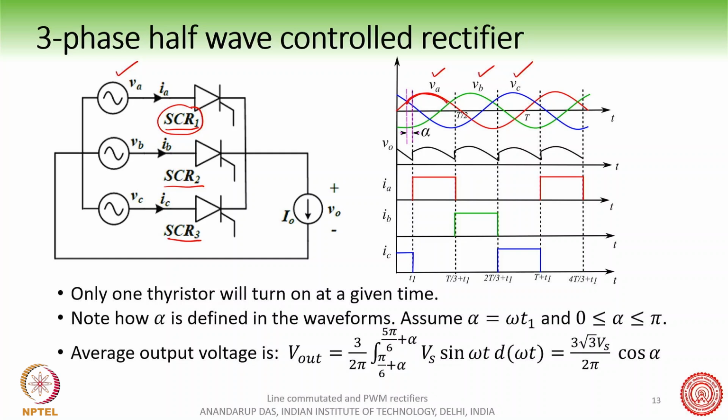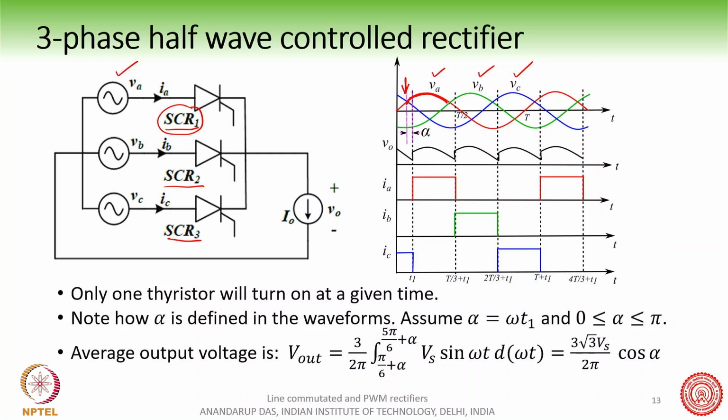You can see here, this is the point. At this point VA becomes the maximum out of VA, VB and VC. So if I fire the thyristor SCR 1 at this point of time, it will naturally conduct, because after that it is the maximum.